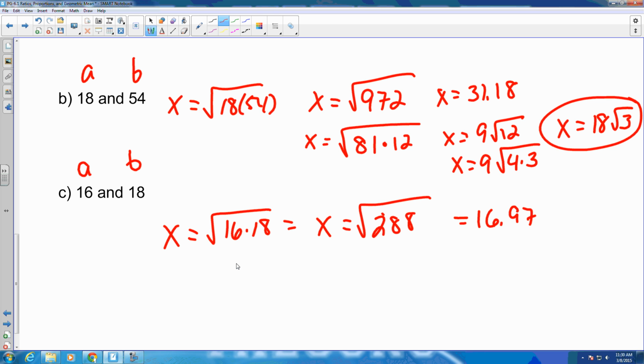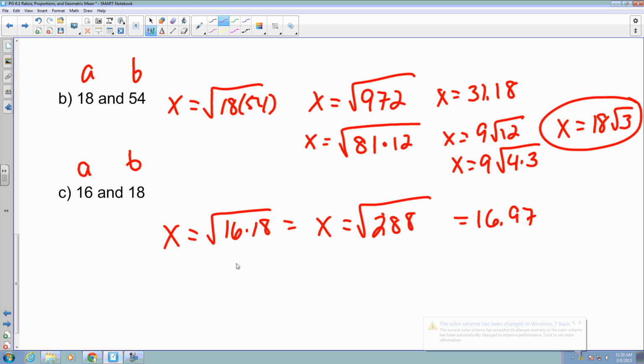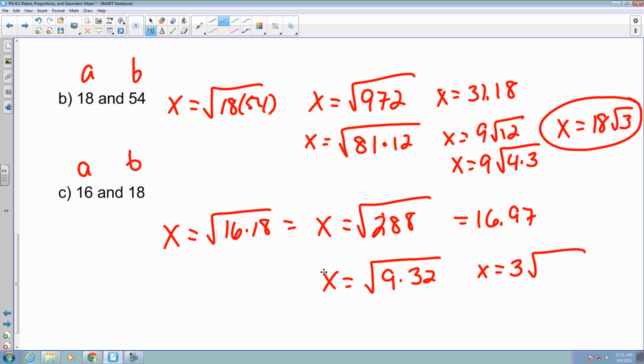let's take a look here. I know for certain 288 can be rewritten as 9 times 32, and the square root of 9 is 3, so x equals 3 on the outside times the square root of 32.